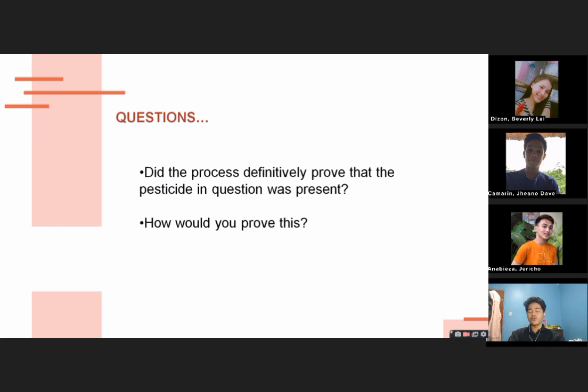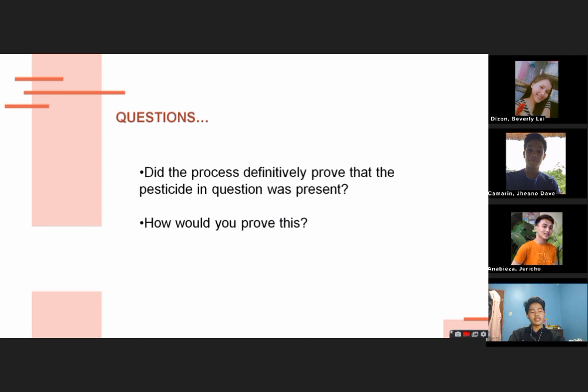How would you prove this? This would require the lab to source the sample's instrument file and demonstrate that both the parent ions of the compound in question were present, along with the qualifying ions or mass transitions to confirm the compound in question.